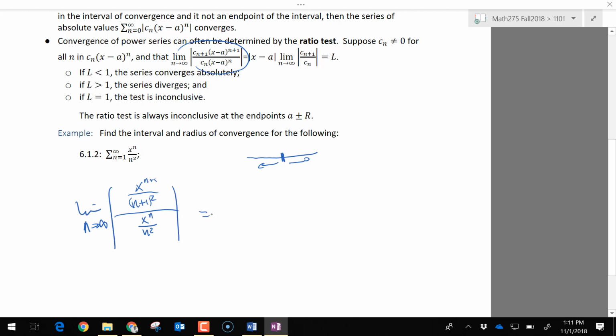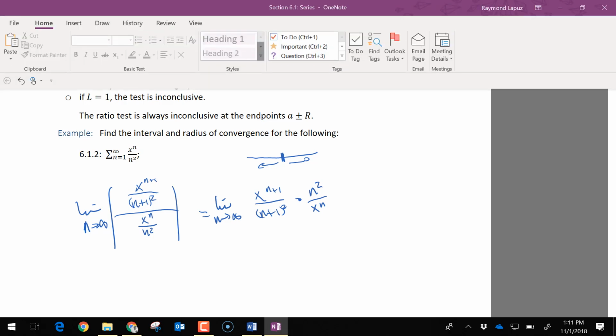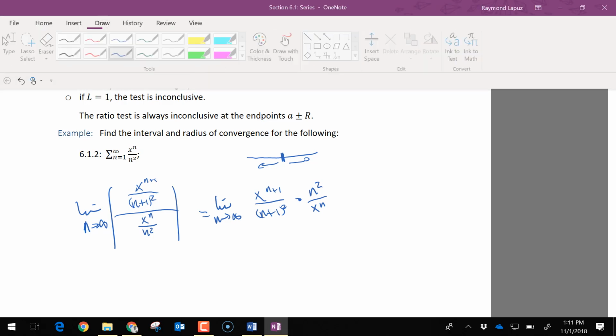So if you do the reciprocal, a bunch of things are going to cancel, or not a bunch, but at least x to the n plus 1 and x to the n. So there's n x's in the denominator, and there's one more than that in the numerator.